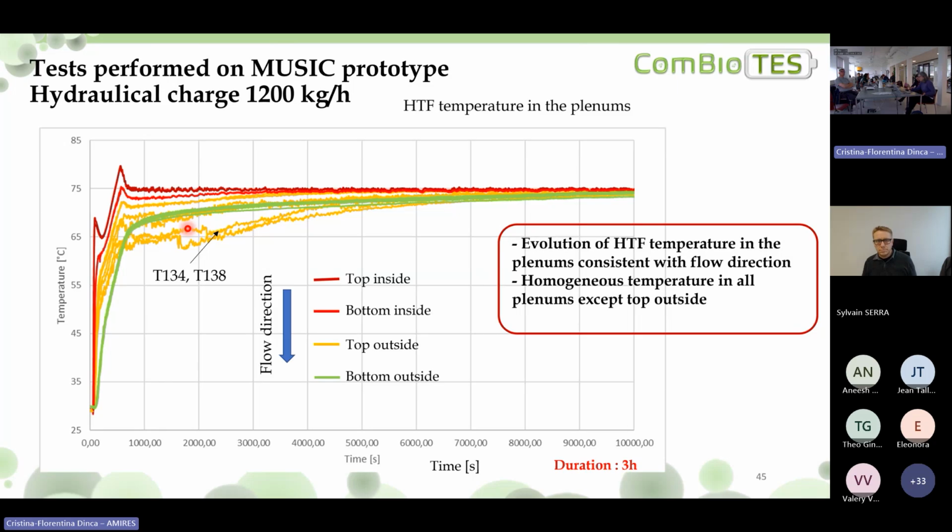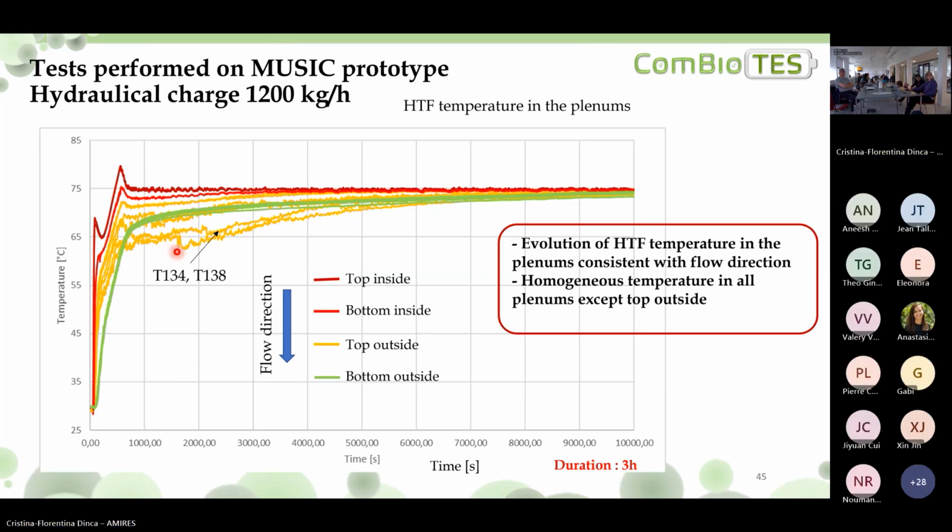And I thought I had a view of the location of the thermocouples, because the two curves that are at the bottom are linked to thermocouples 134 and 138, and those thermocouples are at the edges of the plenum.